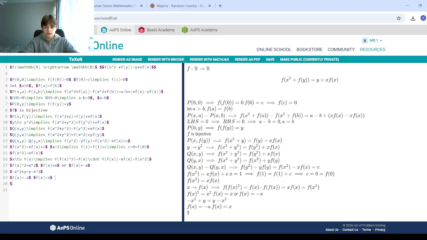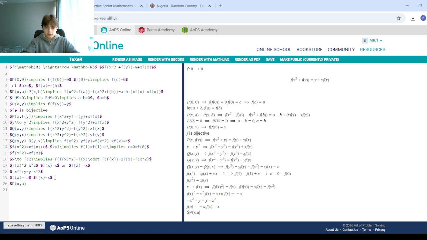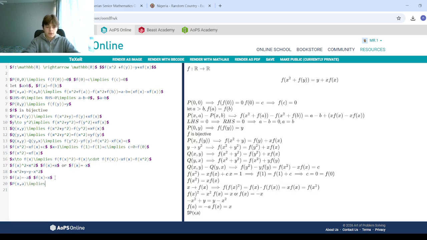Let's put x and a. Let's try this. It implies f(x² − a) = a + x².